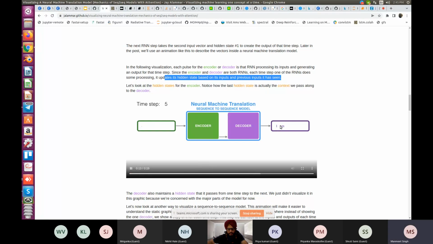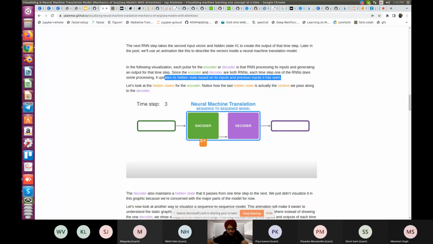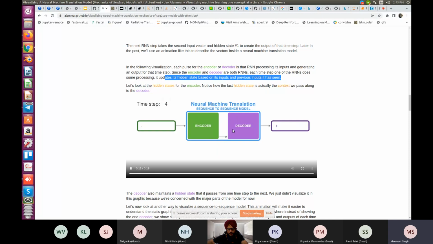And now you can see at time steps 4, 5, 6, 7, the decoder is generating these outputs. So now you see first this hidden state 3 went in.